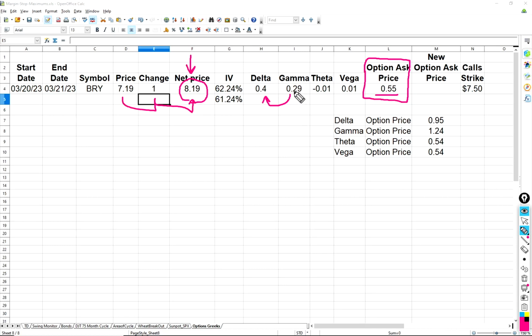Gamma says add 29 cents to the delta, which simply means we get 69 cents, and we add that to that price. Okay, so what is 55 and 69?